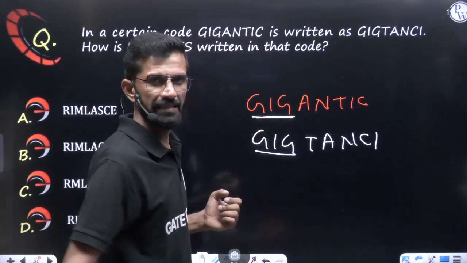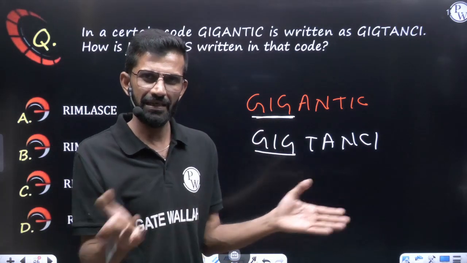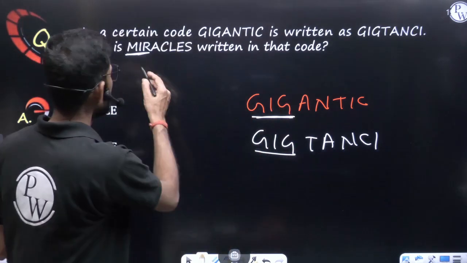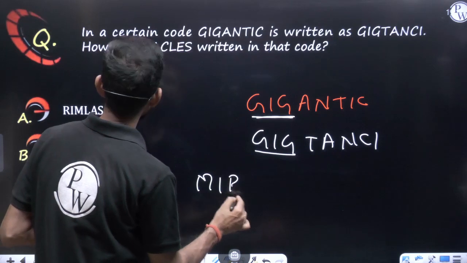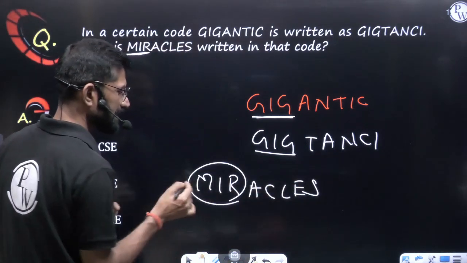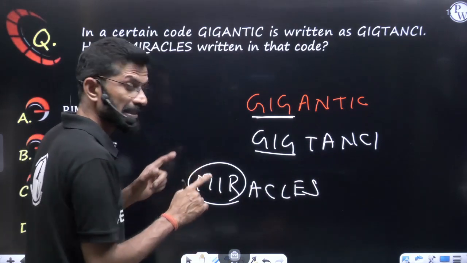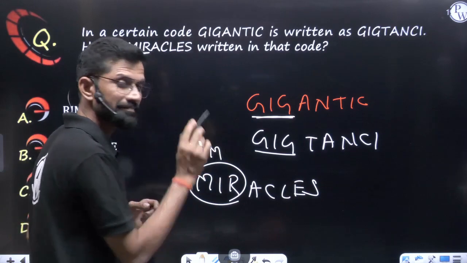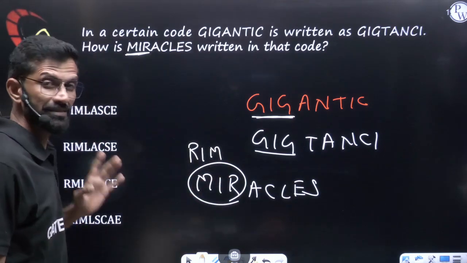GIG, the first 3 letters, even if I reverse it, in reverse also it will be GIG. But for MIRACLES, the first 3 letters, if I reverse them, it won't remain MIR, it will become RIM. RIM is given in the options.